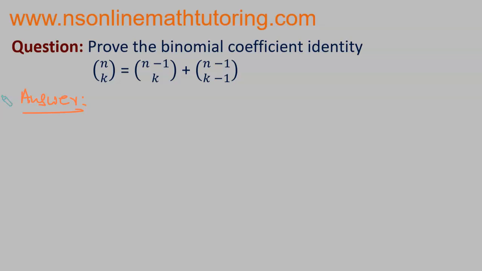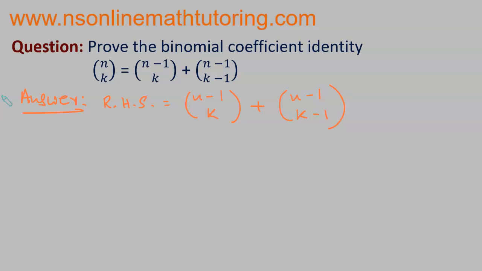Therefore, we start from the right hand side. Okay, so the right hand side is equal to (n minus 1)Ck plus (n minus 1)C(k minus 1).